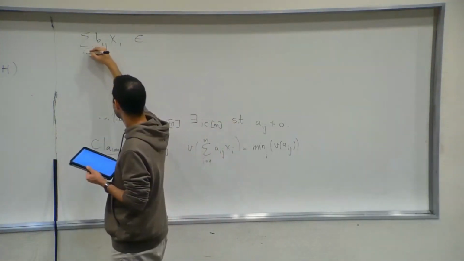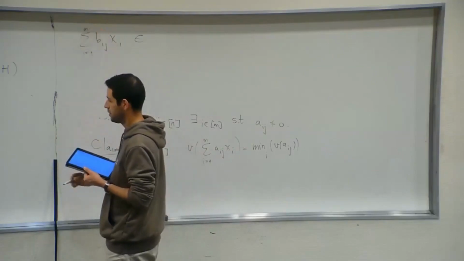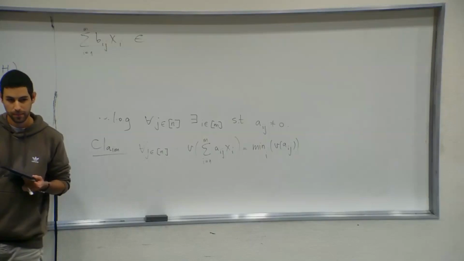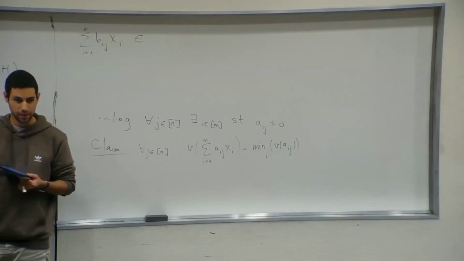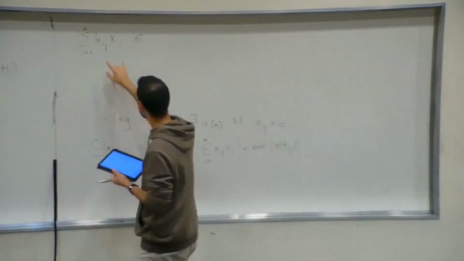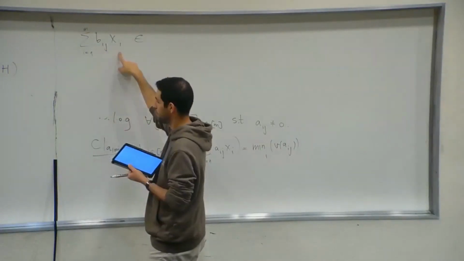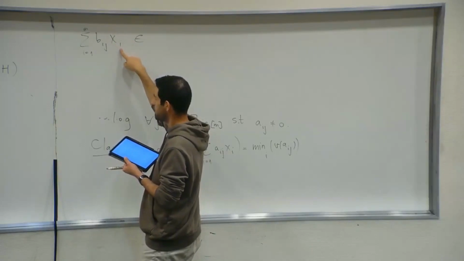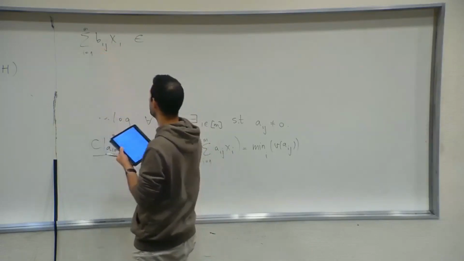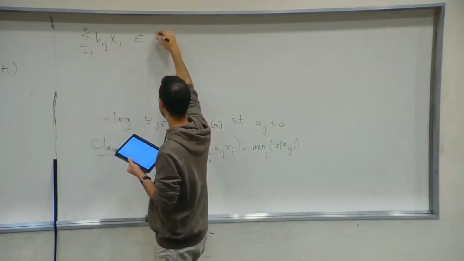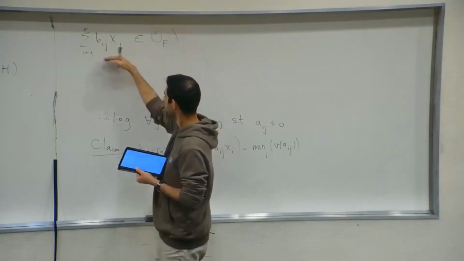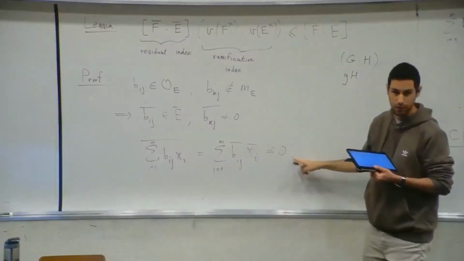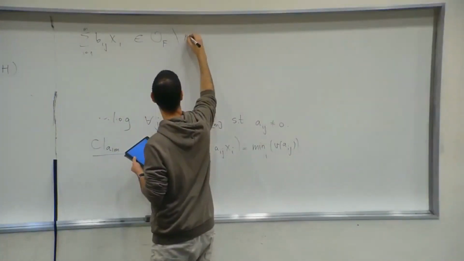Exactly. So what can you say about this thing? These are all in OE, so also in OF, and OF is a subring, so it's in OF. But when we go modulo MF, we get this thing, which is non-zero. So it's not in MF.